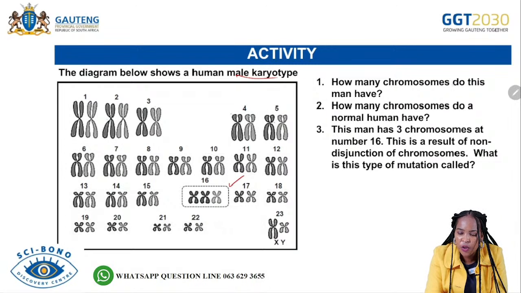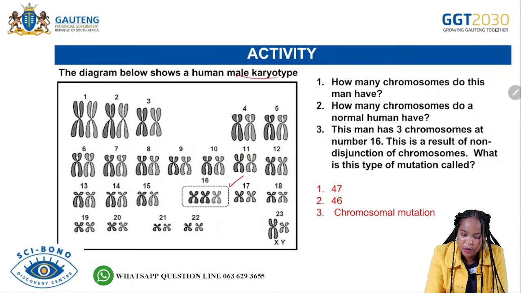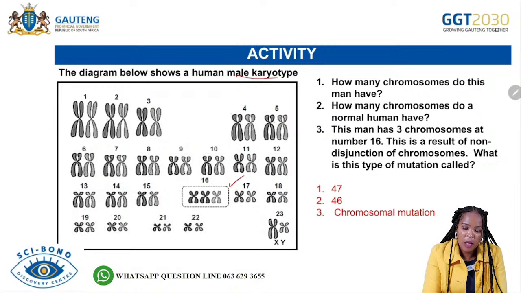Now, how many chromosomes does this man have? Meaning you need to count all the chromosomes that this man has, including the extra chromosome that this man has, okay? Now, how many chromosomes does a normal human being have? We know a normal human being is supposed to have 46 chromosomes, but in this case, this male has got 47 because of the extra chromosome at chromosome number 16.